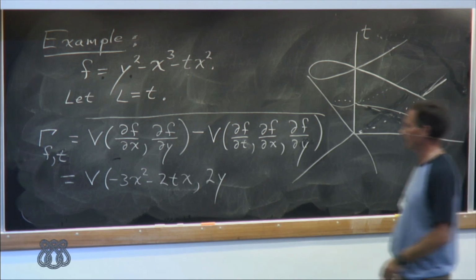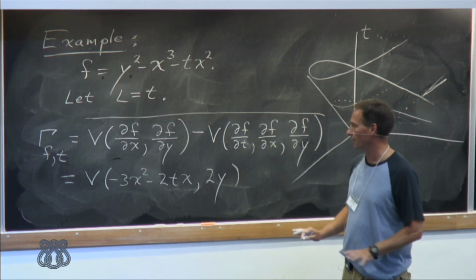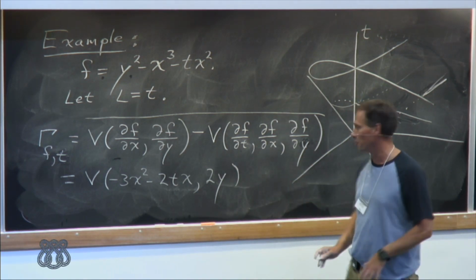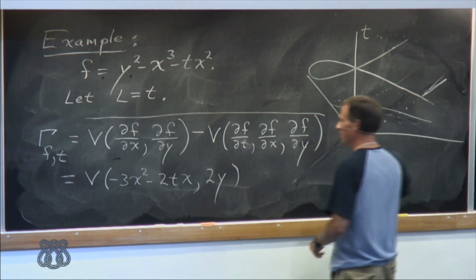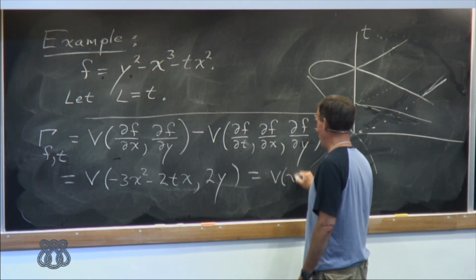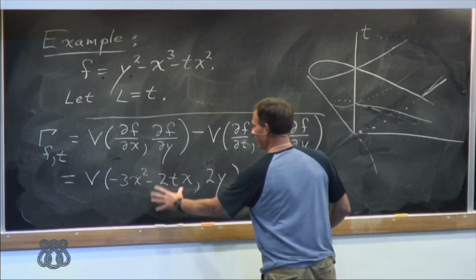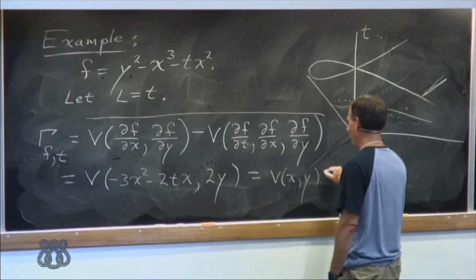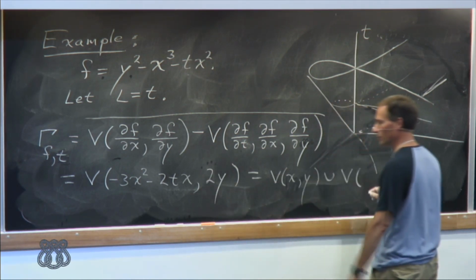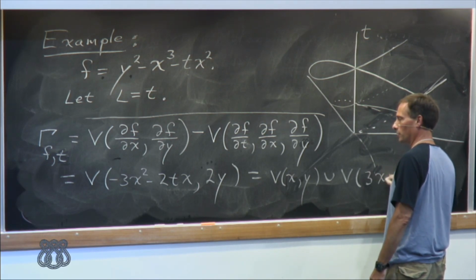Let me do a side calculation that won't be equal to what I get when I subtract, and then I'll erase the part I don't want. This is the same as V of xy, right? The 2 doesn't matter. I can factor out an x. There's V of xy, and then there's the union with V of y is 0, and then there's, get rid of the minus signs because they're annoying, 3x plus 2ty.